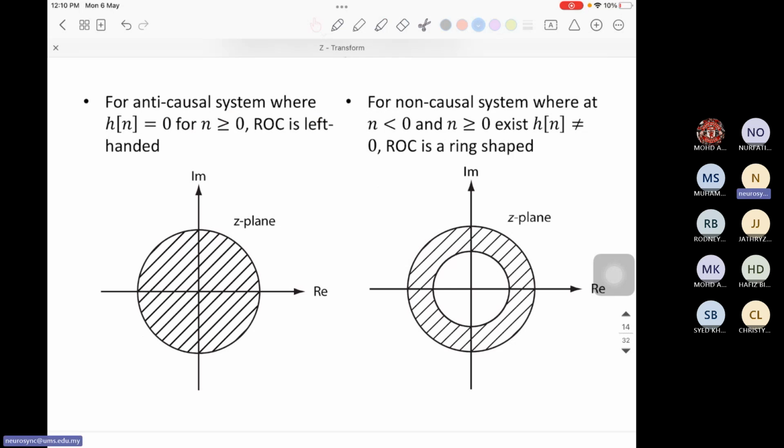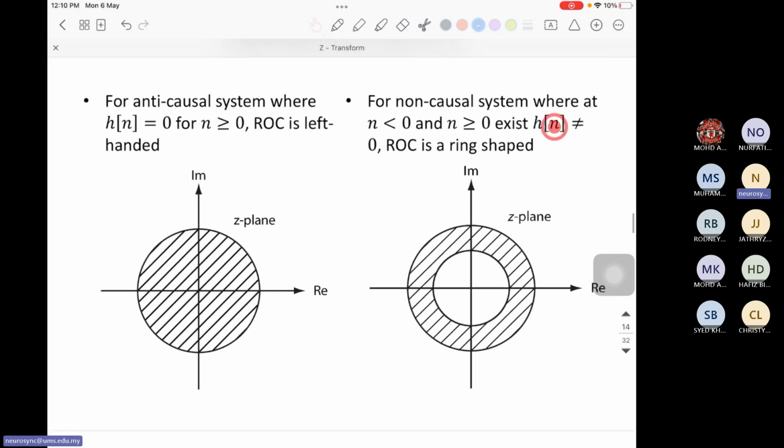Now for the non-causal system. Non-causal systems mean that h of n is not equal to 0 for both n less than 0 and n greater than or equal to 0. Not equal to 0 means it exists.